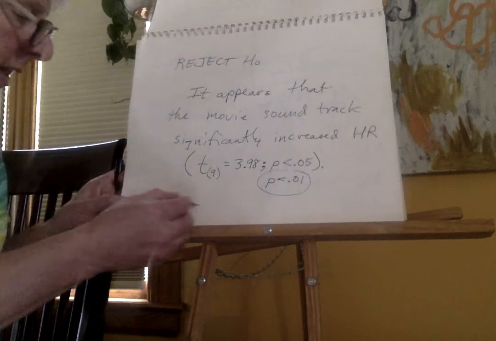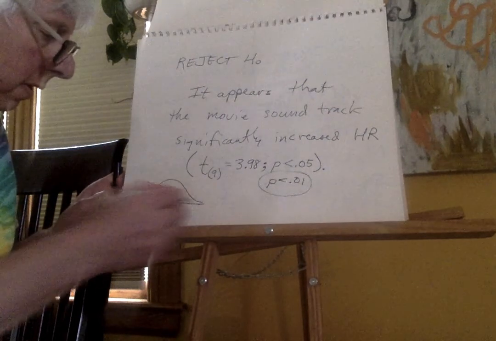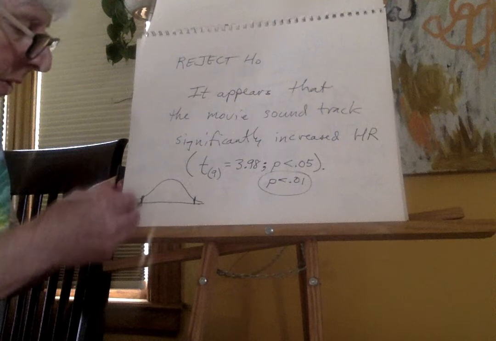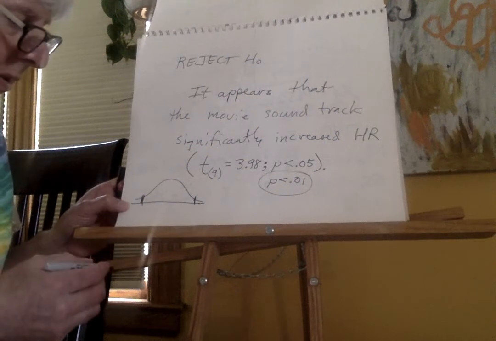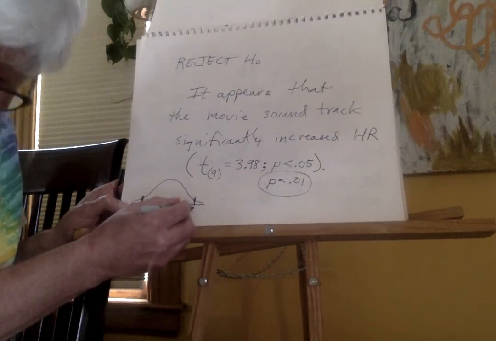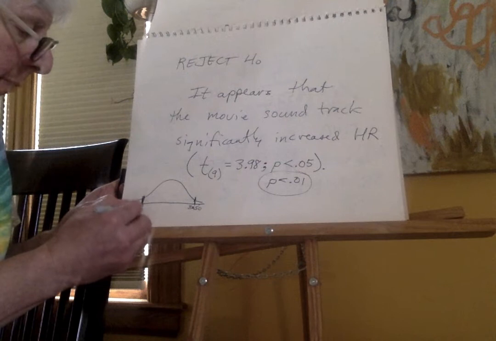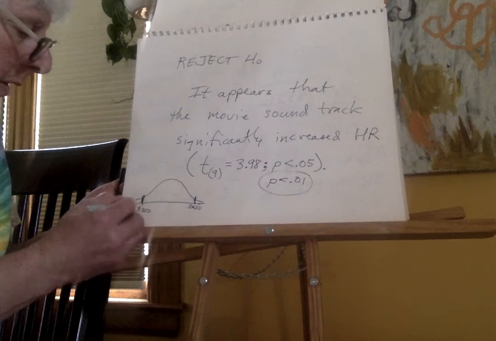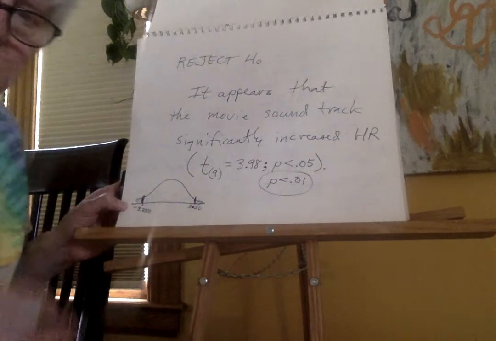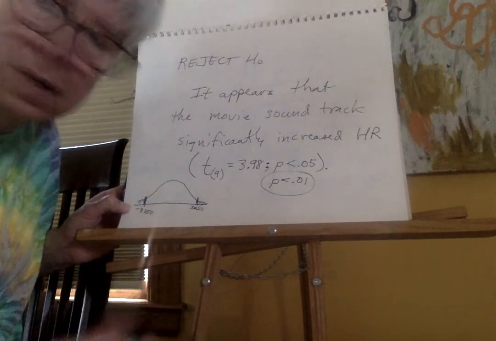What that is saying is, if we set up a t distribution and go out to the extreme 1%, that would be a t value of plus or minus 3.250. That defines the extreme 1%.